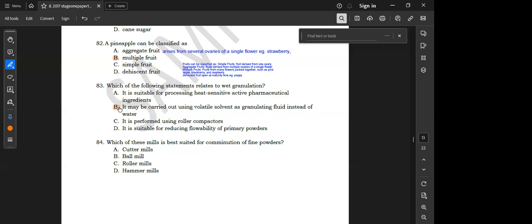The methods are dry mixing, slugging and compaction for dry, and aqueous and non-aqueous for wet. Is that okay? Does anyone have anything to add on that?